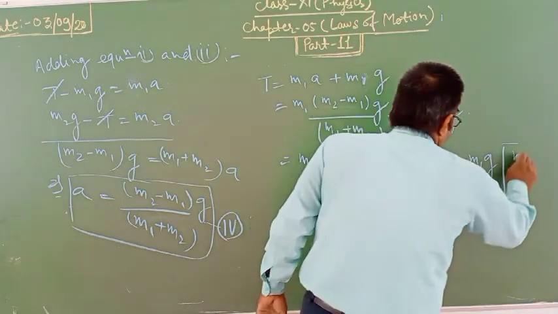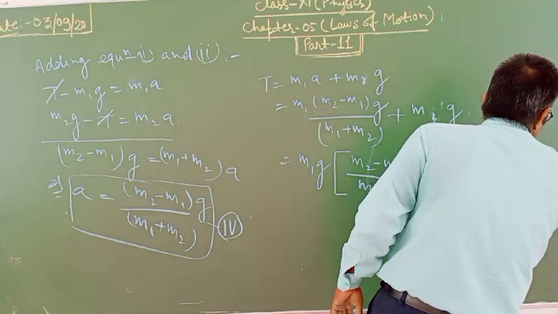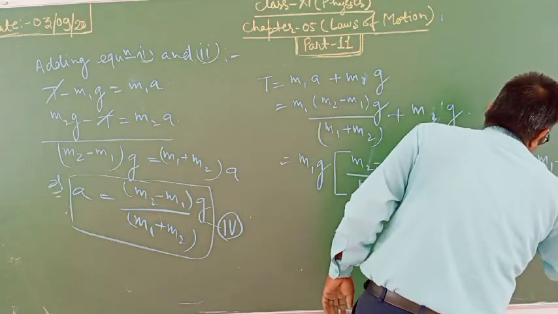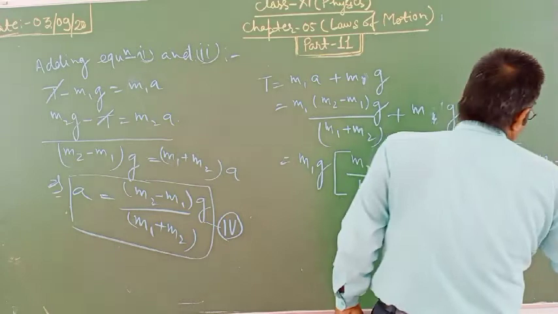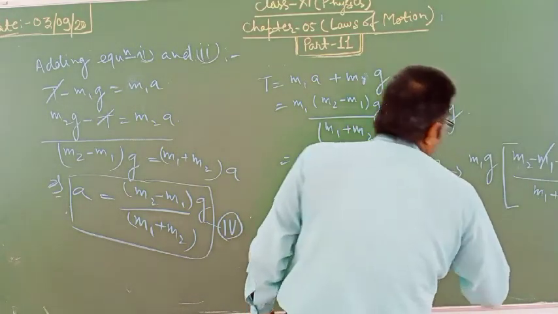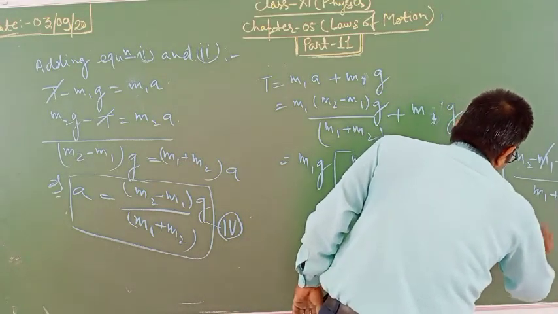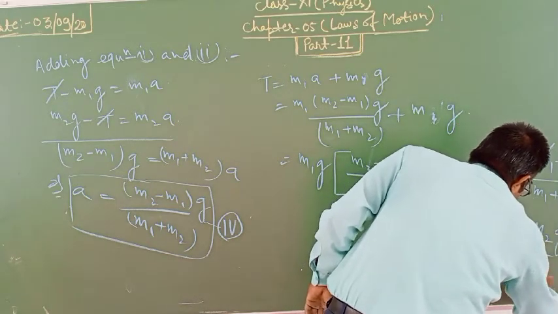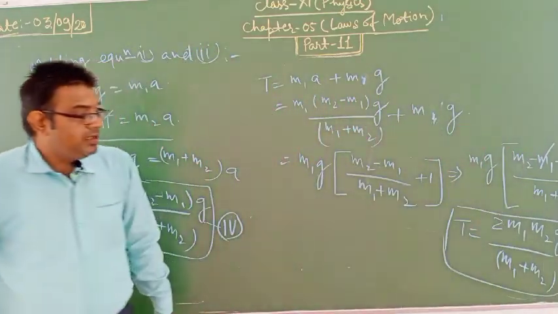Now, m2 minus m1 plus m1 plus m2 upon m1 plus m2, and from here m1 and m1 cancel out, and T is equal to 2 m1 m2 g upon (m1 plus m2).